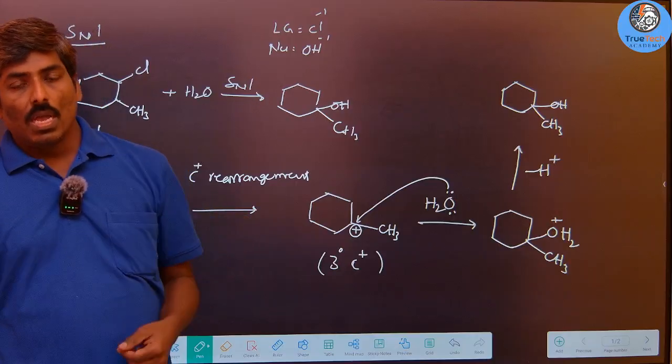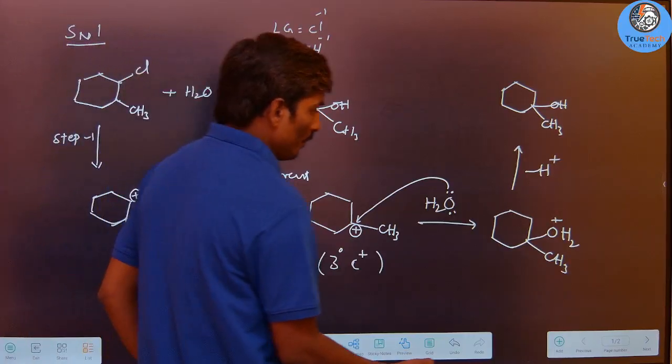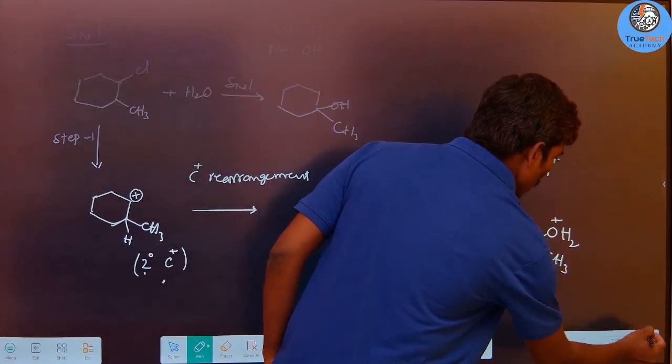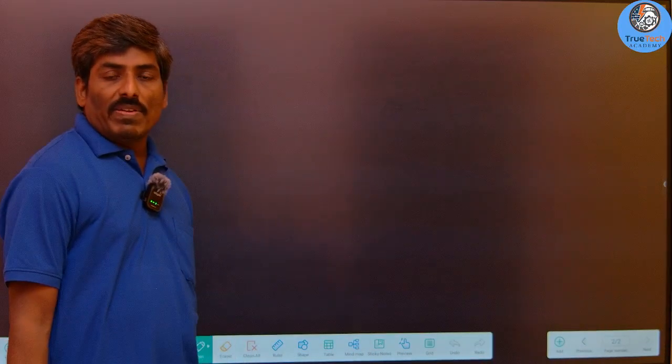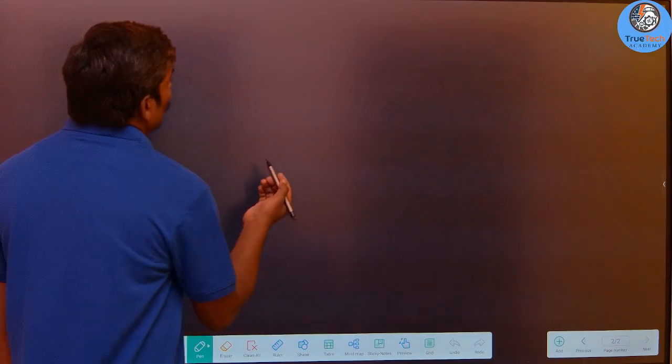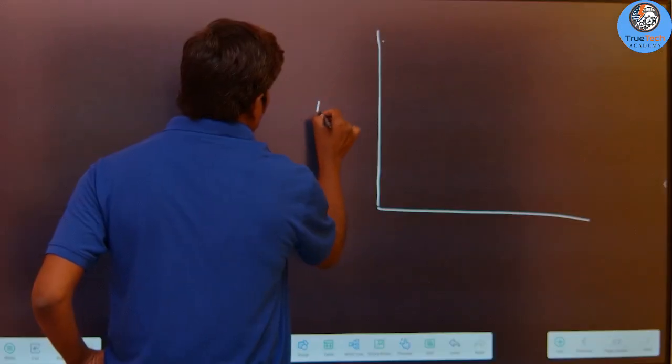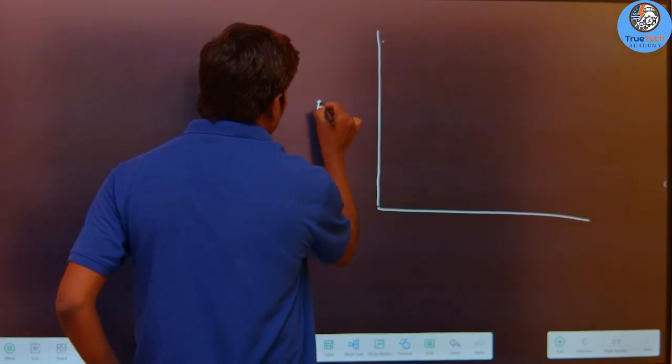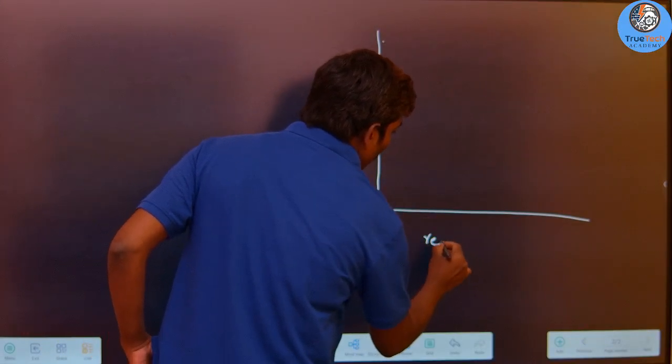We will see the energy diagram also. I will explain the energy diagram in the next page. If you observe the energy diagram, the axes are energy and reaction coordinate.